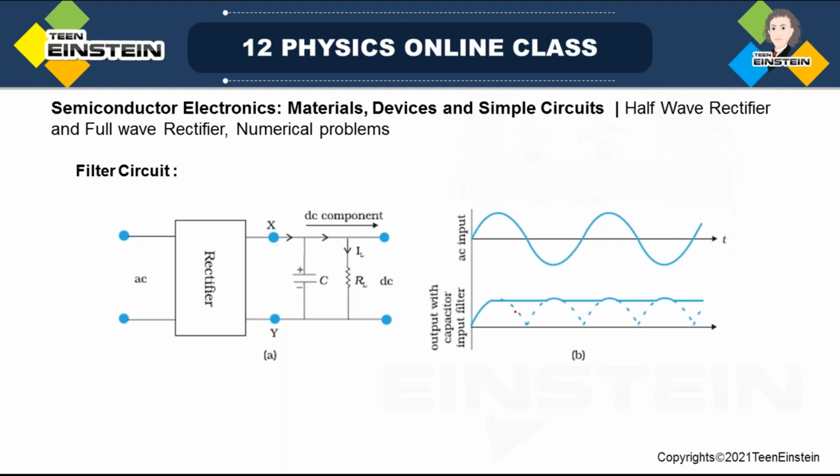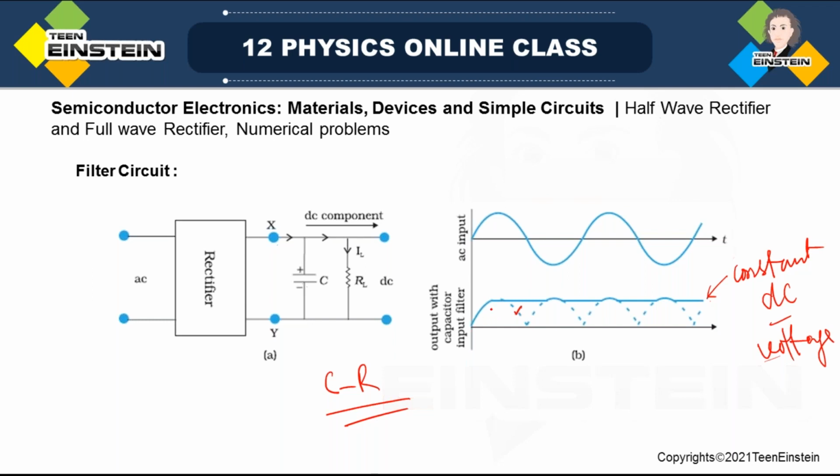If you provide this pulsating output to this circuit, this CR circuit is called a filter circuit. This particular circuit will give you a constant DC voltage.